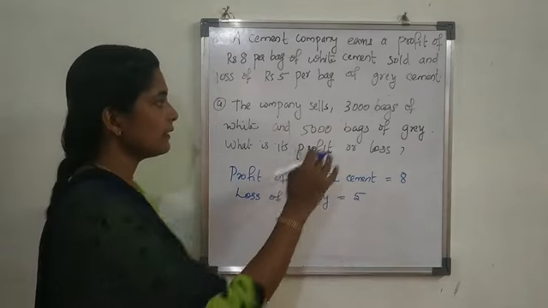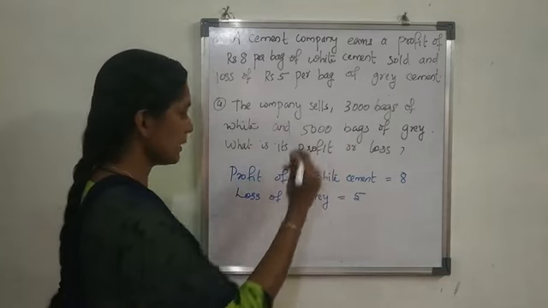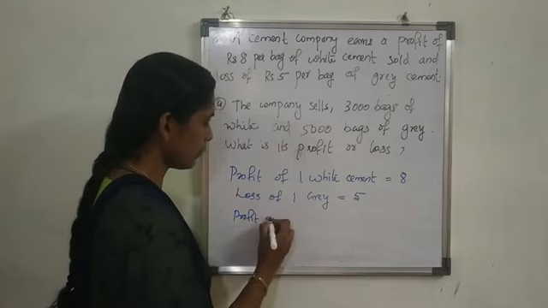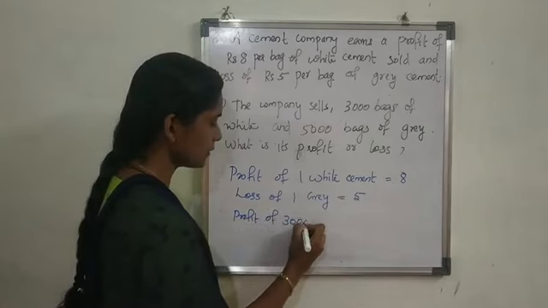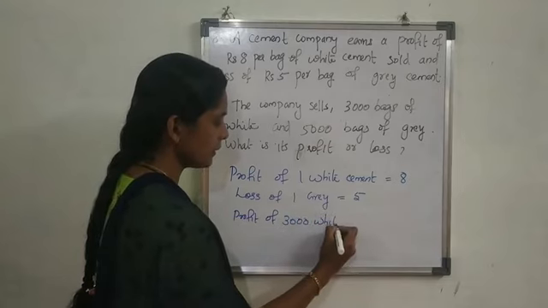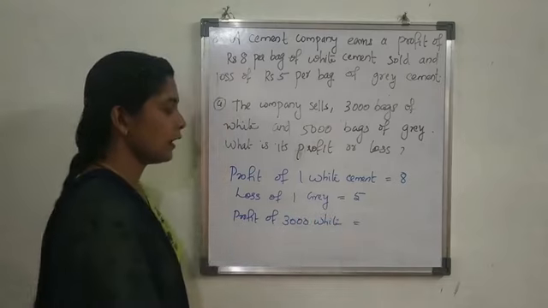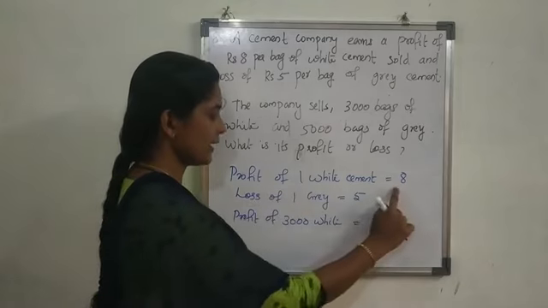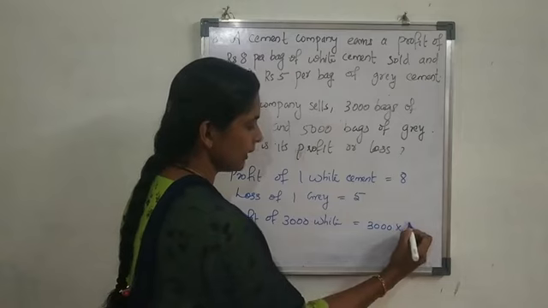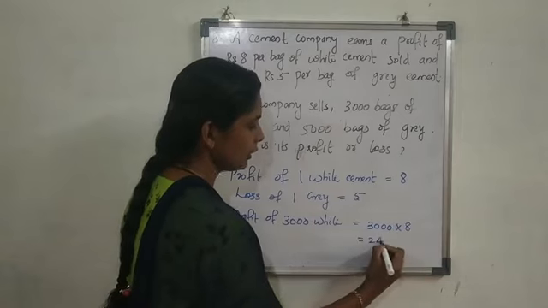Profit of 1 white cement bag is 8 rupees and the loss of 1 grey cement bag is 5. Like that, 3,000 white cement bags are sold. Profit of 1 is 8, then profit of 3,000 is 3,000 into 8. That is 24,000.